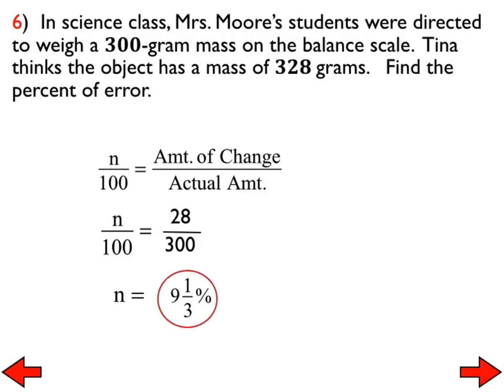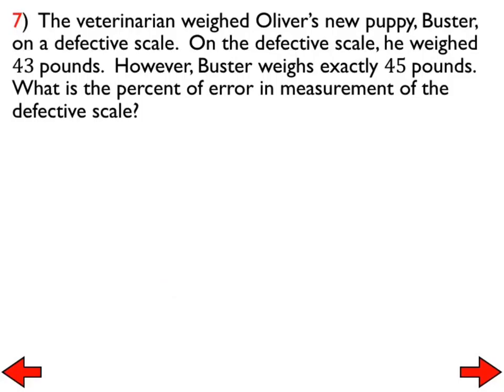Okay? Number 7. The vet weighed Oliver's new puppy Buster on a defective scale. That scale is not working properly. Okay? On that defective scale, he weighed 43 pounds. However, Buster actually weighs exactly 45 pounds. What's the percent of error? Andrew, can you set up the proportion for us?